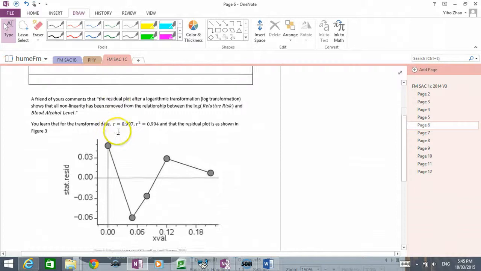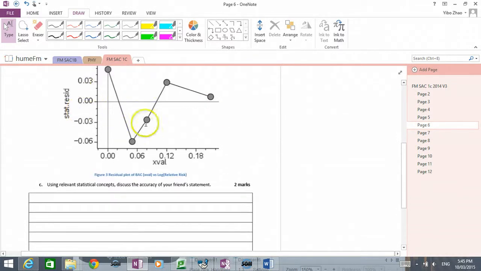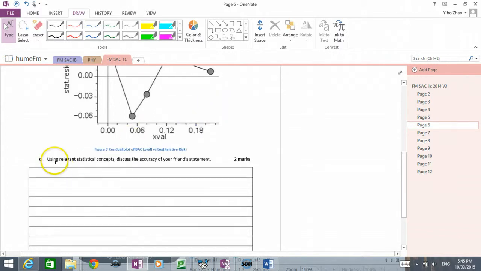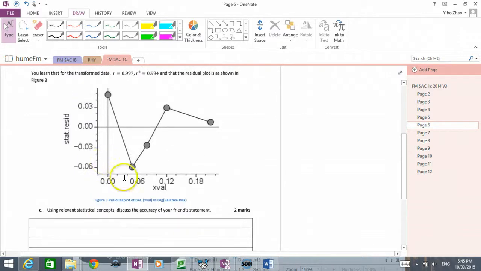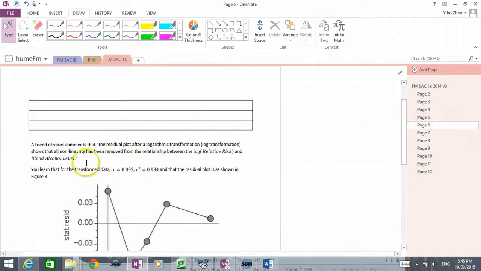we have the R value, we have the R square value, and then we have a residual plot. So now what's happening is we need to use data to discuss the accuracy of my friend's statement. One of my friends told me the residual plot after logarithm transformation shows that all non-linearity has been removed.